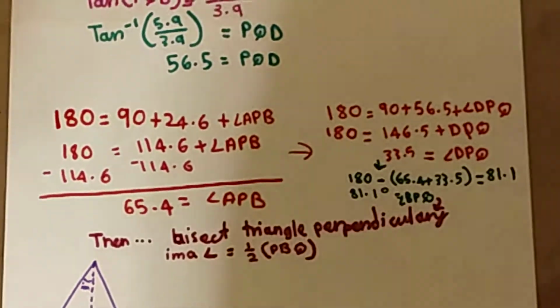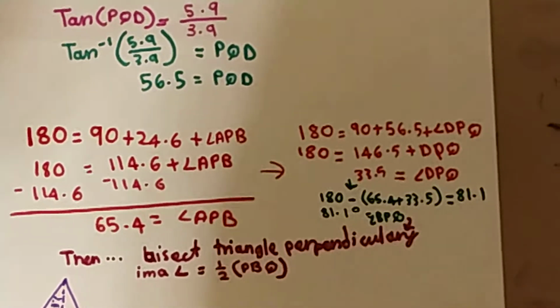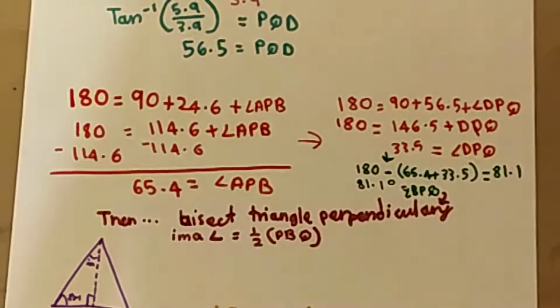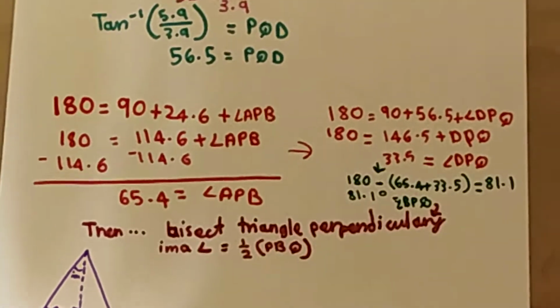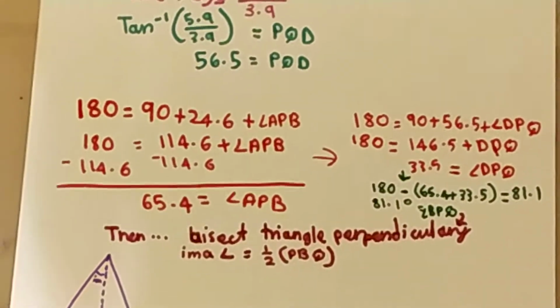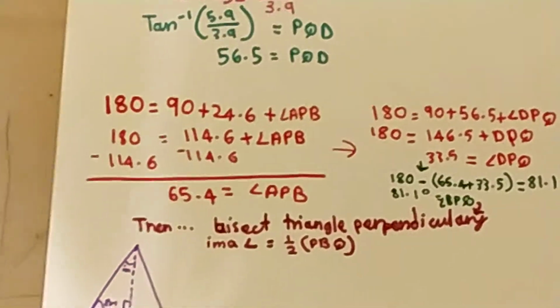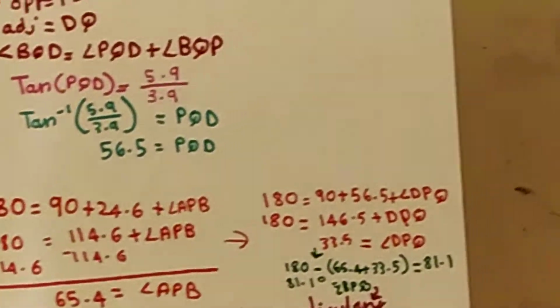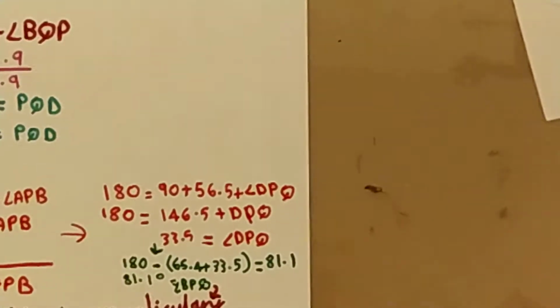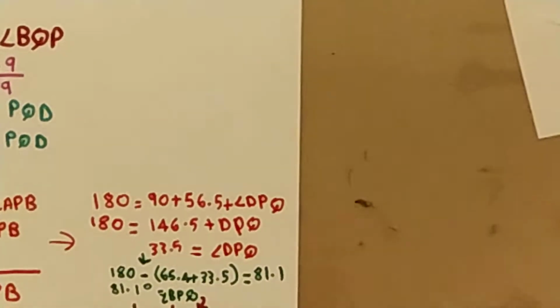Anyway, moving on. 180 degrees equals 90 plus 24.6 plus APB. I used that for triangle PAB and solved it algebraically to get 65.4, which equals APB. Then I did triangle DPQ.